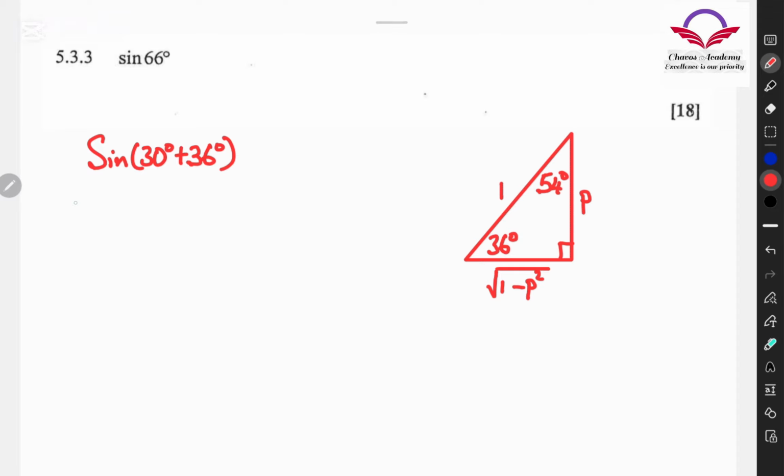The application of compound angles here should be sine 30 cos 36 plus cos 30 sine 36.